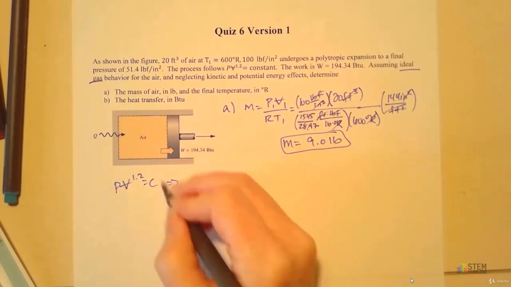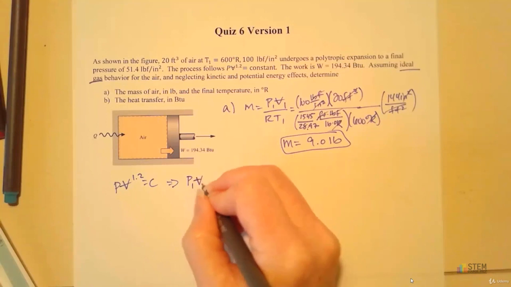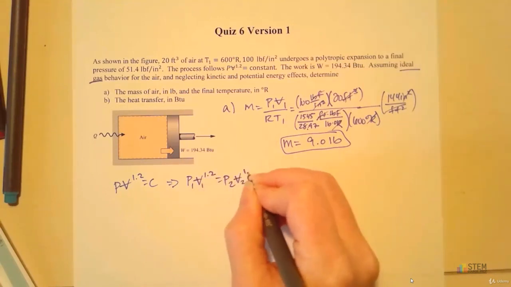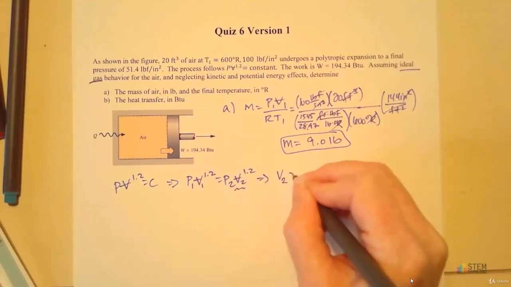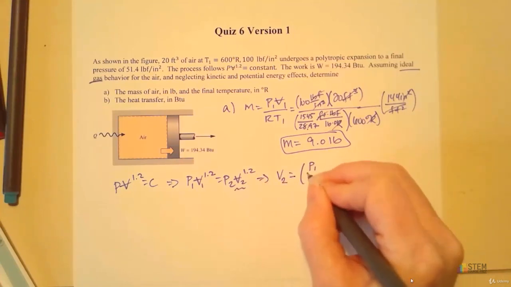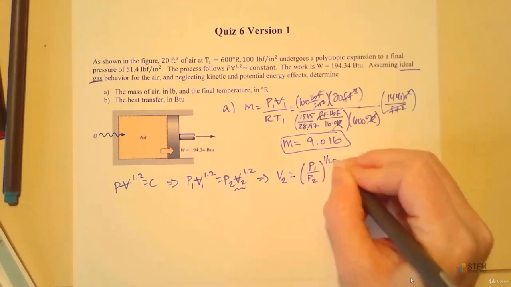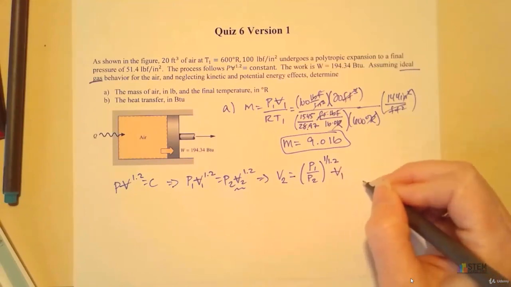So using this, we could then write P1 V1 to the 1.2 equals P2 V2 to the 1.2. And we want to solve for V2. So V2 then is just going to be P1 over P2, with the exponent here being 1 over 1.2, and then multiply that by V1.